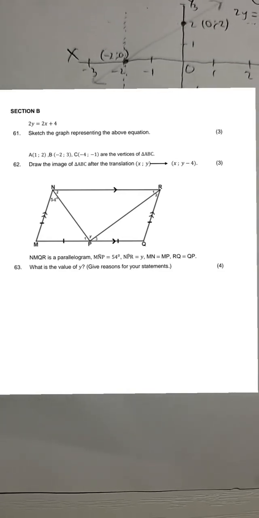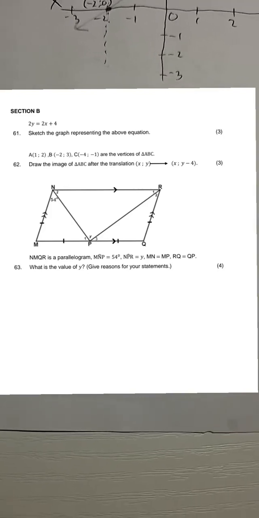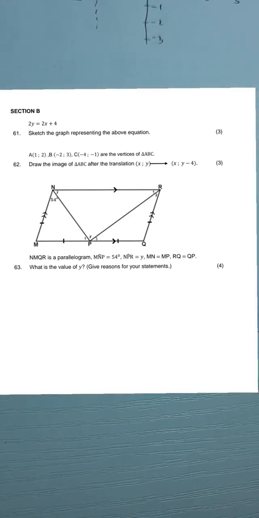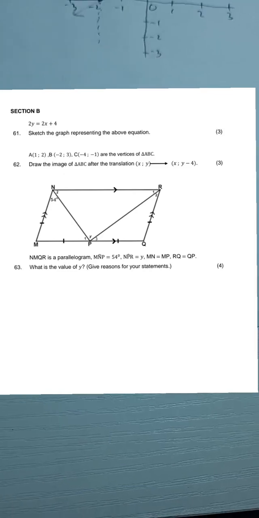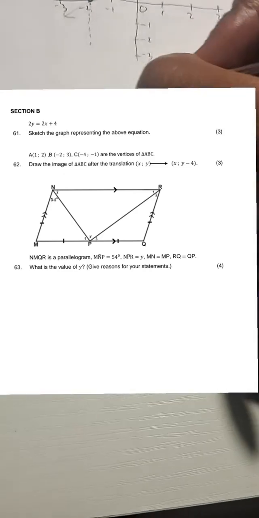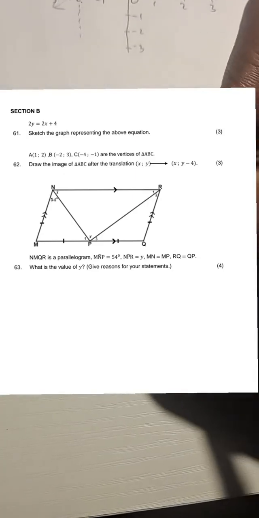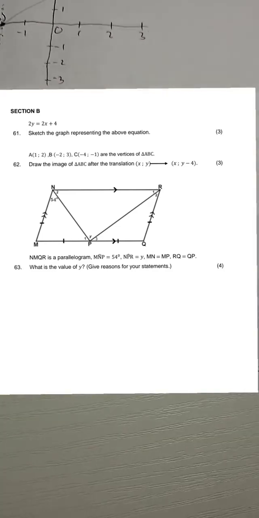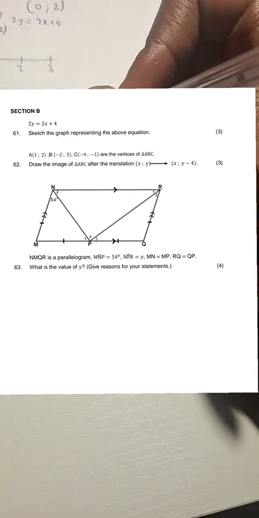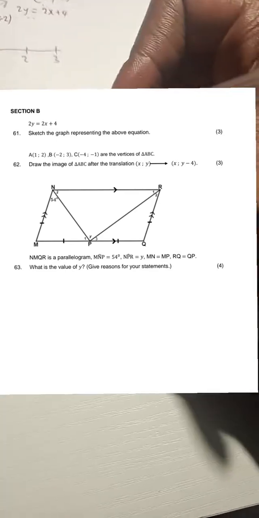We're moving the entire triangle down by what? By 4 units. So what I'm going to do here, they say I must draw the image of triangle ABC after the translation. Okay, so let us have a Cartesian plane. But maybe before we do that, let us first identify the new coordinates of each point.